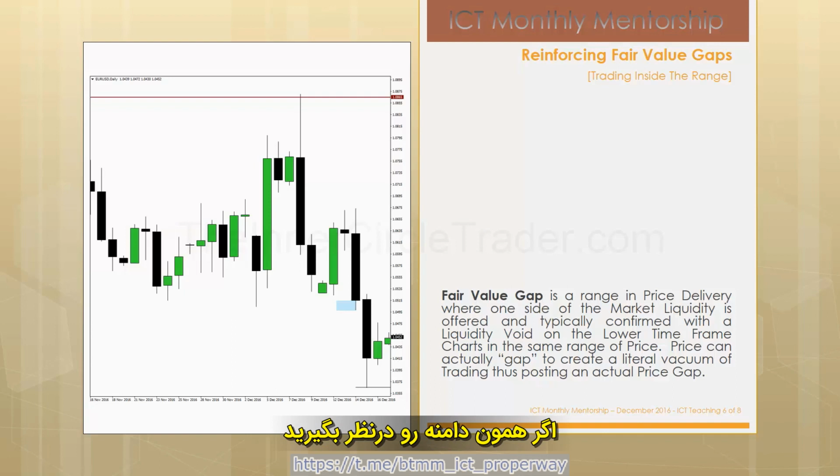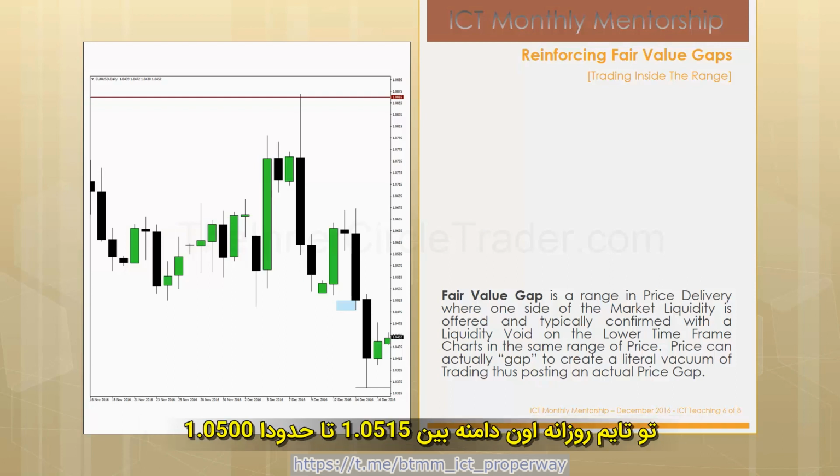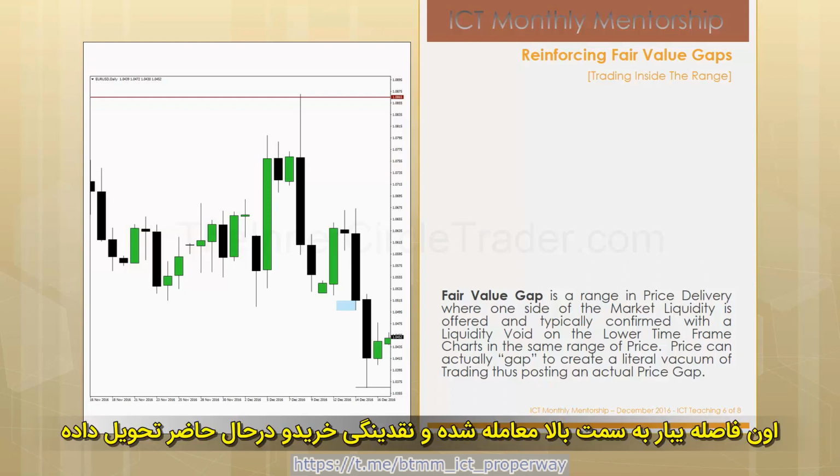Okay, so we're looking at the low up to the close, that little wick in there. If you take that same range, and you look at our down candle that created that fair value gap on the daily chart, that range between 105.15 to approximately 105 big figure inside our down candle, and in this candle here that's highlighted from the low to the close, that price range has been traded up into once already, delivering the buy side liquidity.